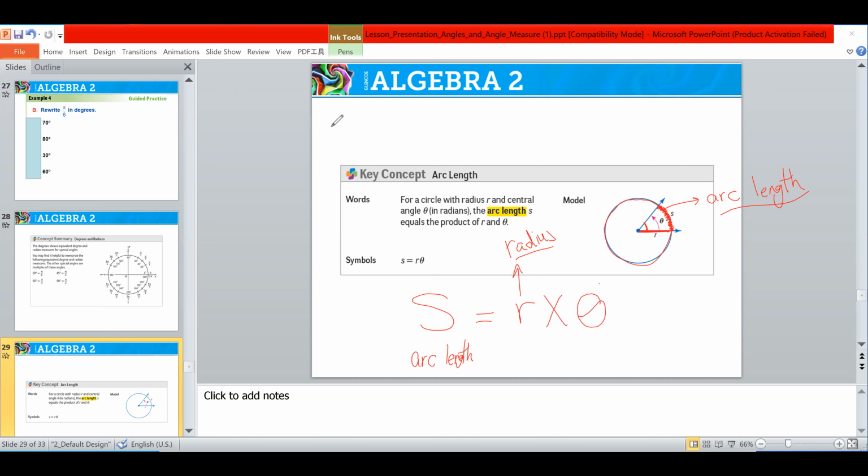Theta here must be radian. Again, theta here must be radian. So to get the arc length, always we use theta rad.